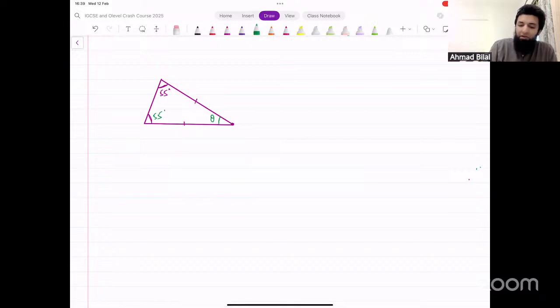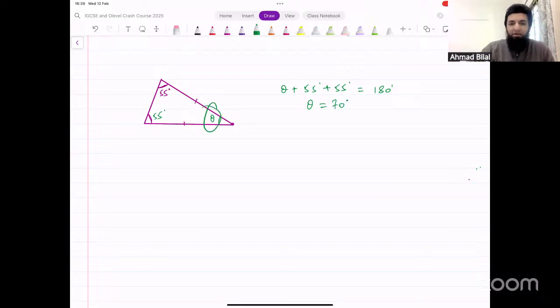You can say theta plus 55 plus 55 equals 180. Or essentially, subtract both of these angles from 180. 180 minus 110 gives you 70 degrees. So the value of this angle has to be 70 degrees. Okay, so that's what happens in an isosceles triangle.